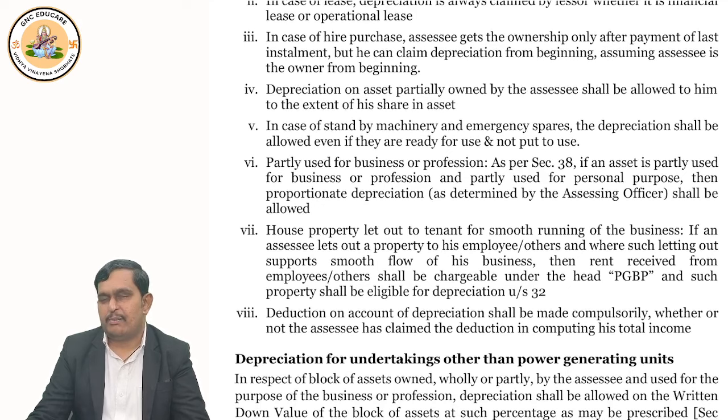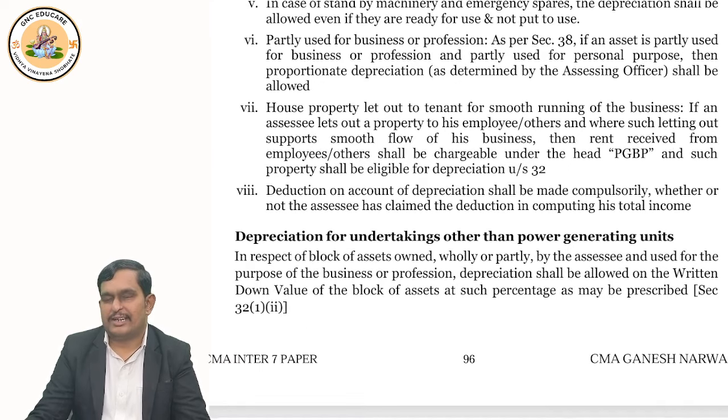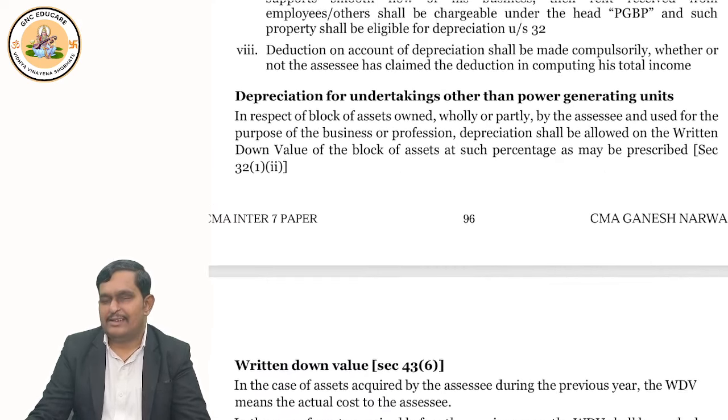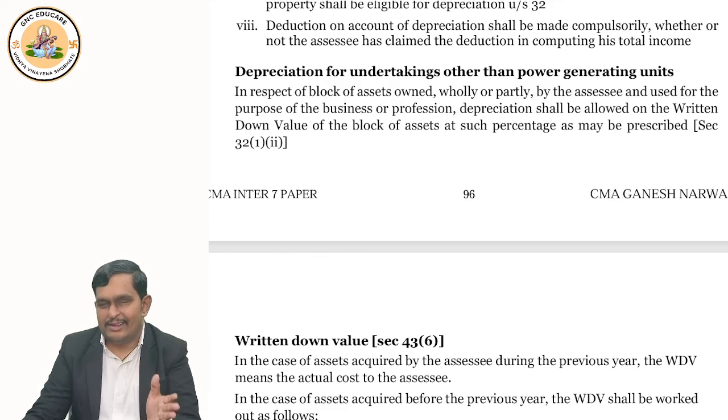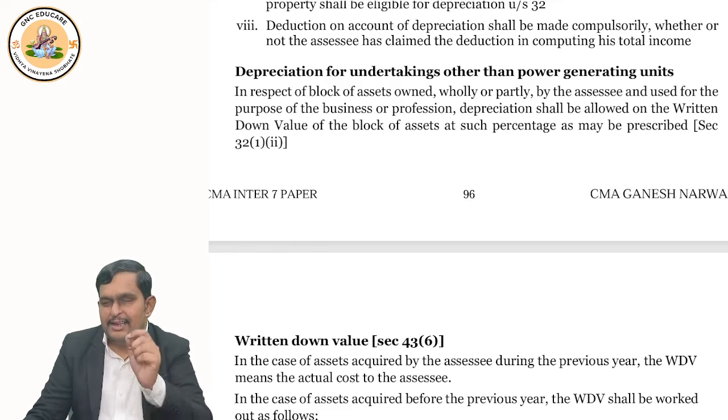Actually, many people in the past had a lot of deductions, and because of that their taxes were zero. So they thought we'll claim depreciation later on. But the income tax department said no. You have to claim depreciation every year. It's not a choice that this year I'll claim, that year I'll not. Every year you are supposed to mandatorily claim depreciation.